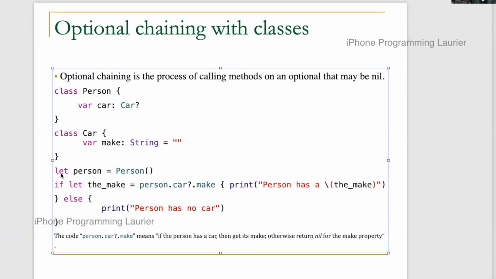And here, let's say now I define an object person of the class Person, and I want to access the make of the car of the person. So I'm writing here, if let make equals person dot car question mark dot make.